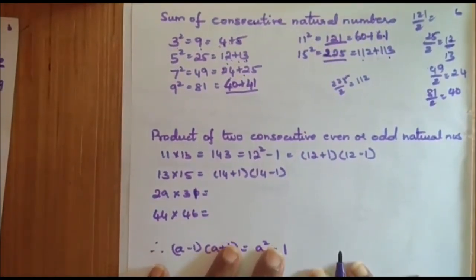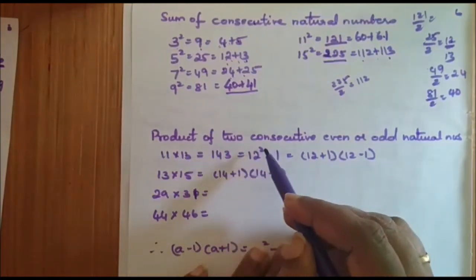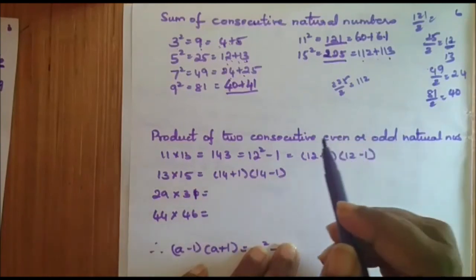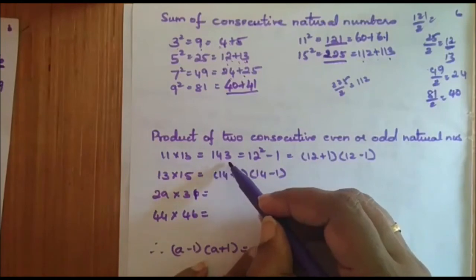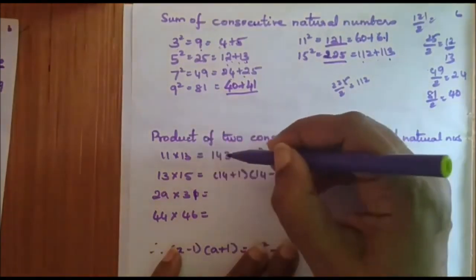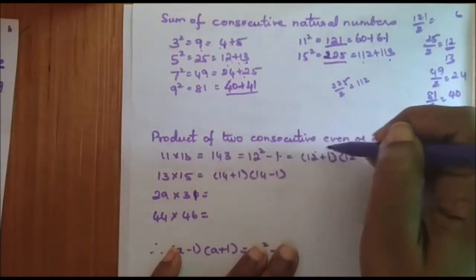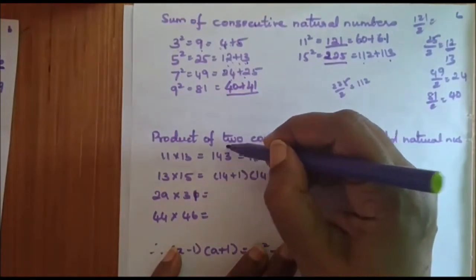Now we can also represent squares as the product of two consecutive even or odd natural numbers. That is, I've taken the number 143. What is 143? It is 12 squared minus 1, or 12 plus 1 into 12 minus 1. Now how can 143 be expressed?